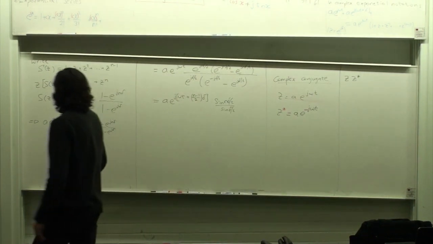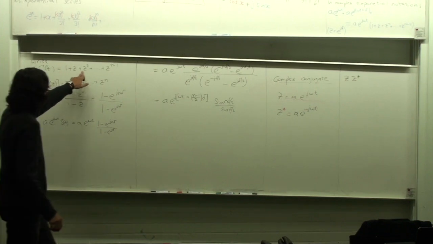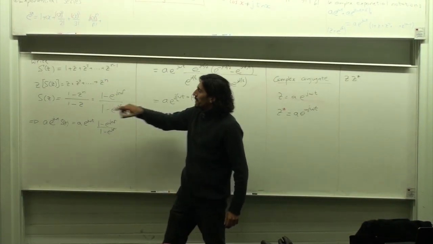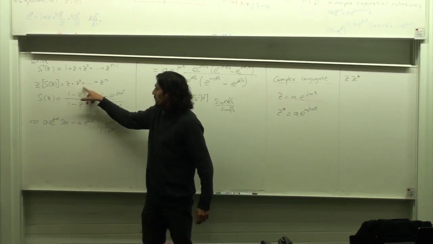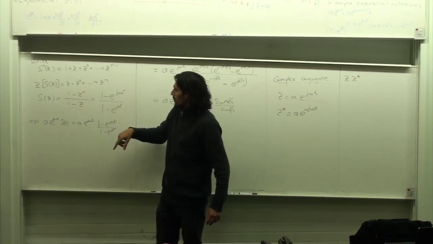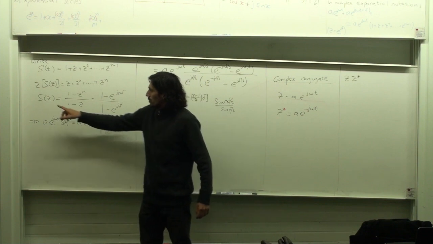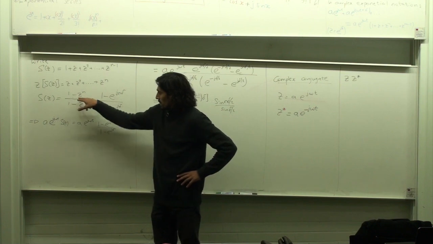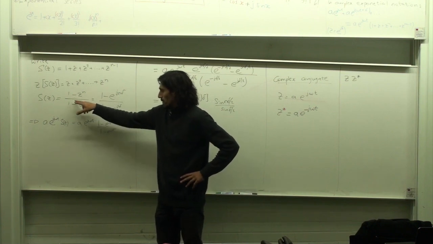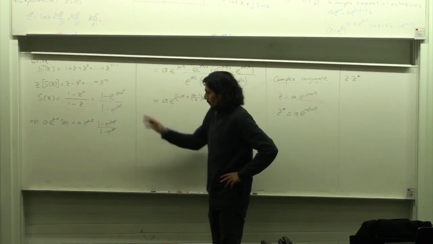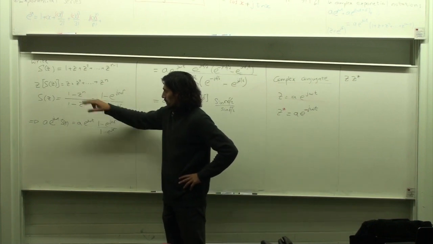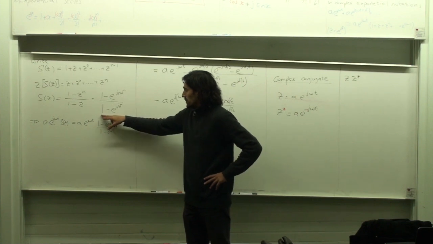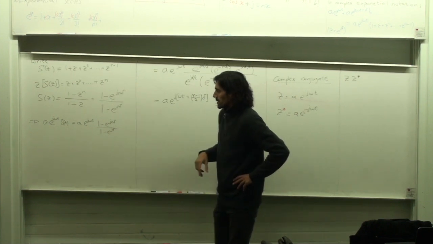Now, if we write s as 1 plus z plus z squared until z to the power n minus 1, then z times s would be the following, until z to the power n. So you can write s now as a function of z, so it would be 1 minus z to the power n divided by 1 minus z. If we go back to using the definition of z, it would be 1 minus e to the power j n delta divided by 1 minus e to the power j delta.